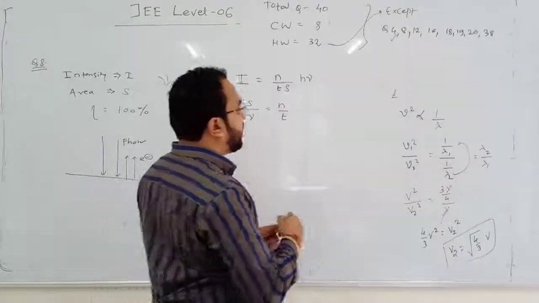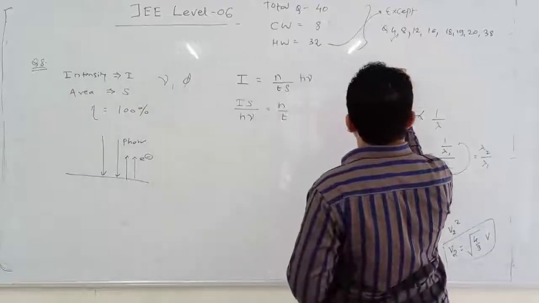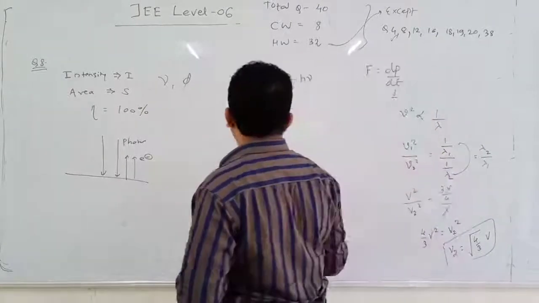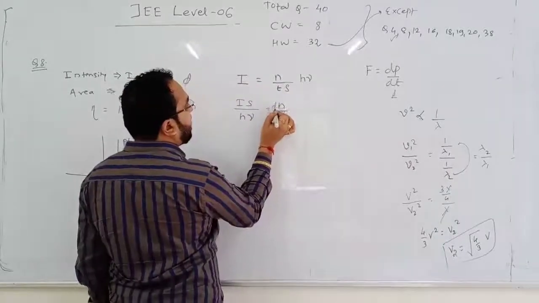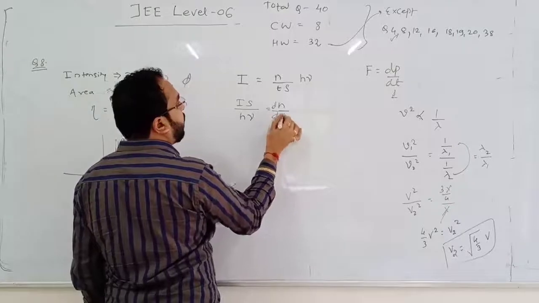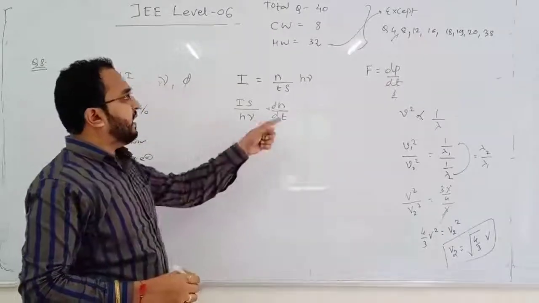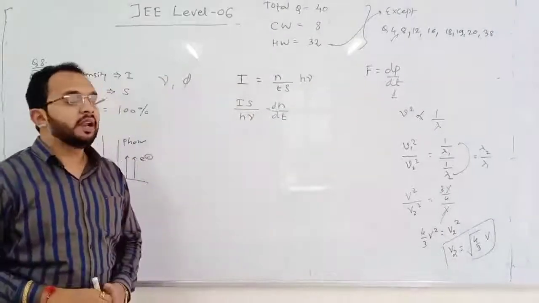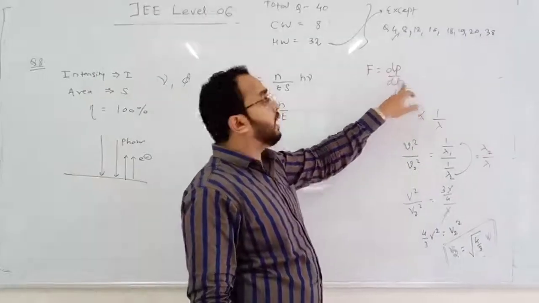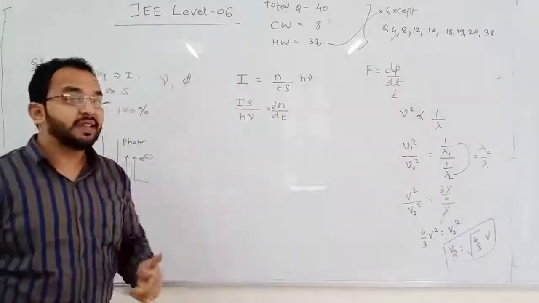From second law of motion we know force is equal to dp by dt. समजा मी याला लिहिलं dn by dt, म्हणजे काय नंबर ऑफ फोटॉन्स पर युनिट टाइम आणि दोन्ही साइडला मोमेंटम ने मल्टिप्लाय केलं then we will get the force. Rate of change of momentum with respect to time is the force. This is Newton's second law of motion.